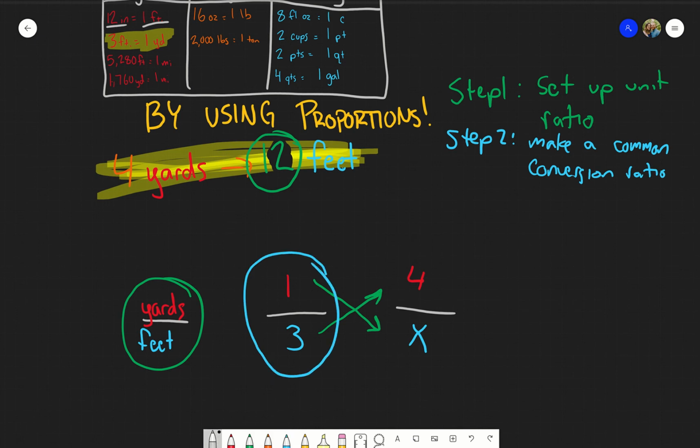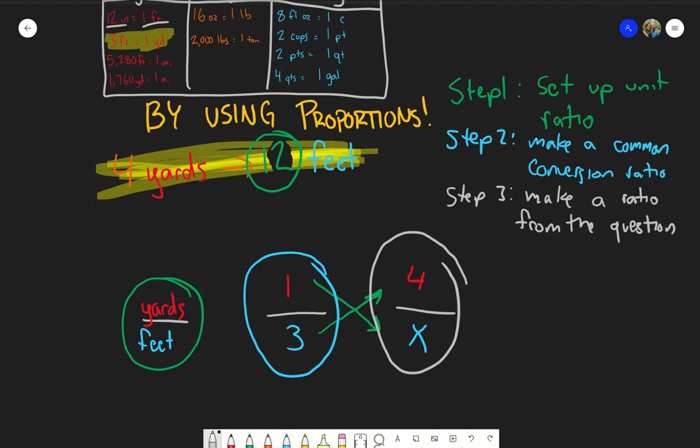That's step 2. Step 3, make a ratio from the question. That's here. This is my 4 yards equal some amount of feet.